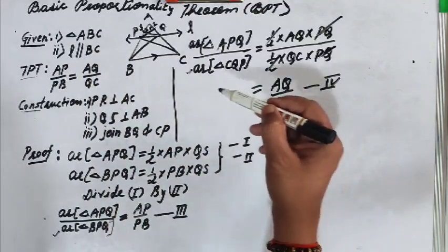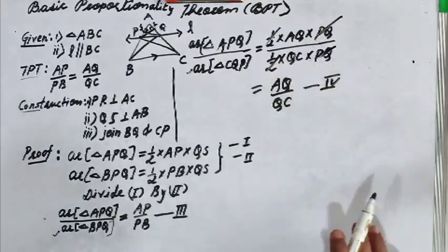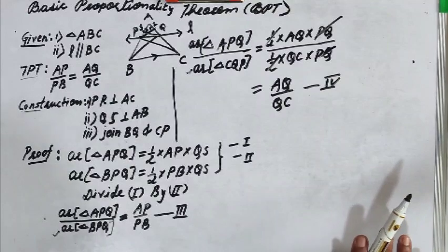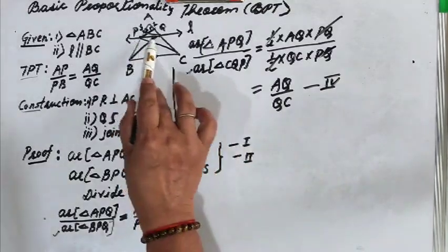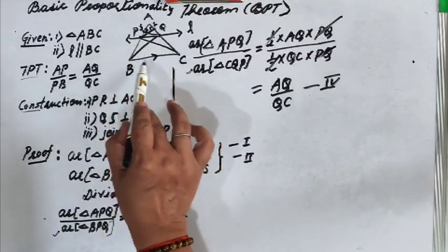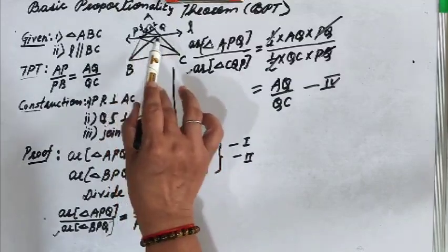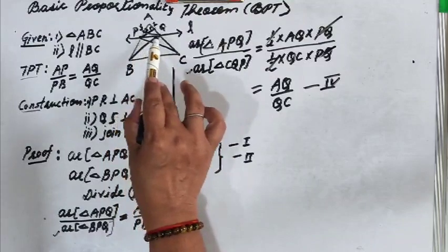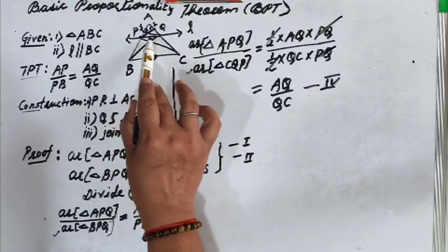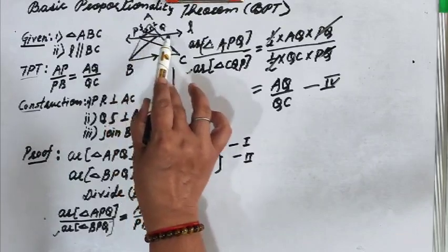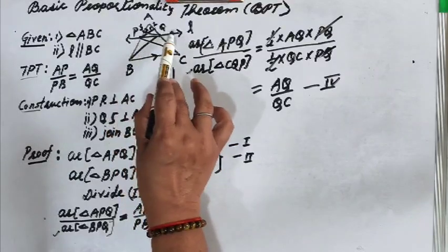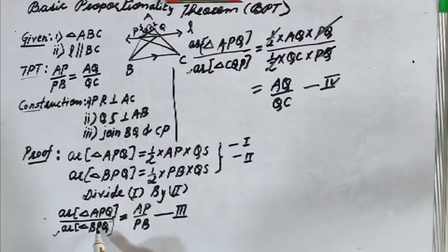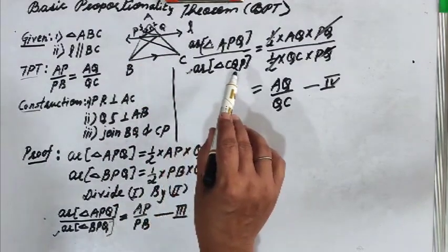Now you can recall in 9th standard you learnt a theorem that triangles lying between the same parallel lines and having a common base have equal areas. Say here in this case PQ is a common base and they are lying between the parallel lines L and BC. So the area of triangle BPQ should be equal to the area of triangle CQP.